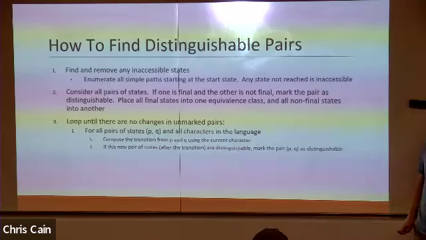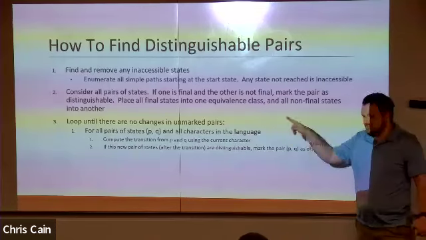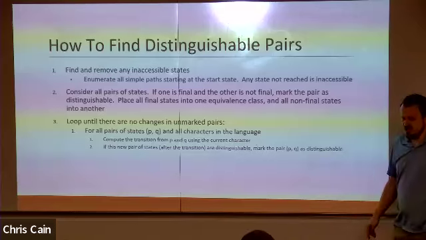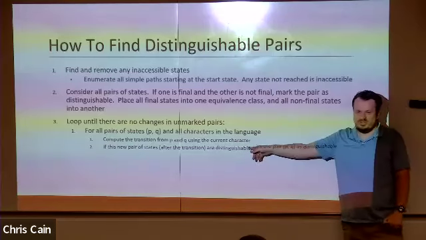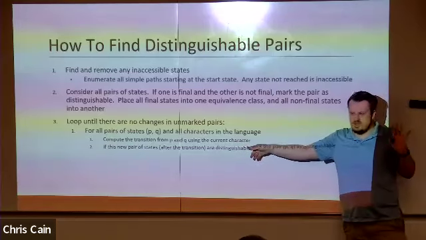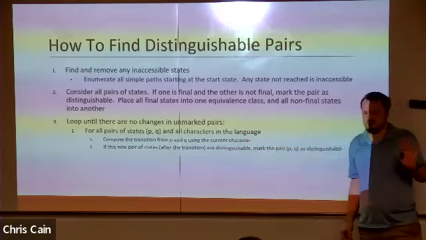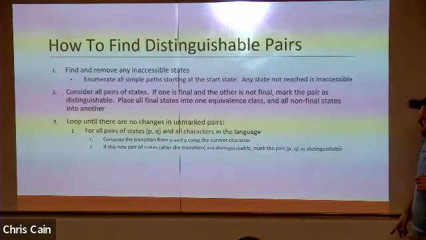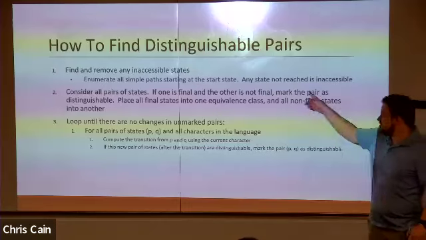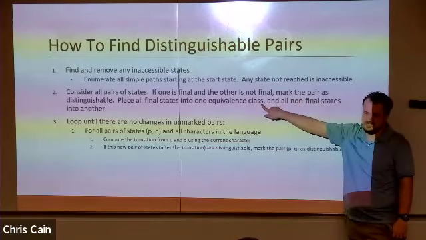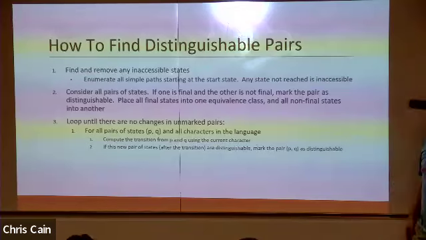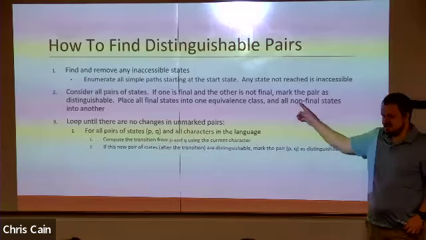If that new pair of states, after we transition from P and Q on the current character, are distinguishable. So you start with just finality, but eventually we need to start considering whether they're in different equivalence classes.